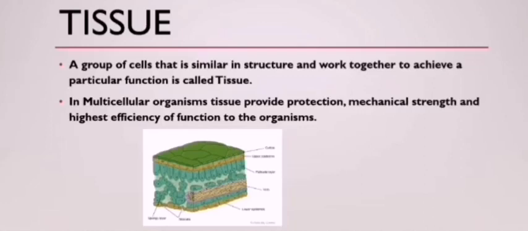Now when you talk about multicellular organisms, from the word multi itself you will get to know that they have more than one cell. Tissues will provide the function for protection, mechanical strength, and it is going to provide highest efficiency to the living organism.